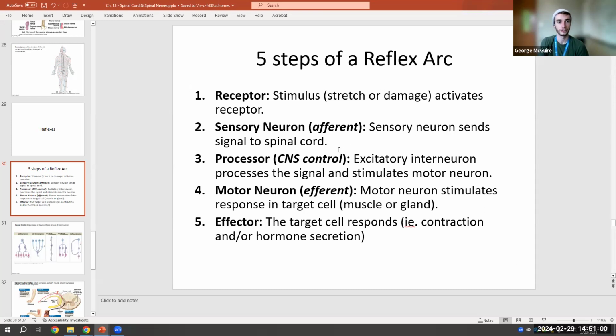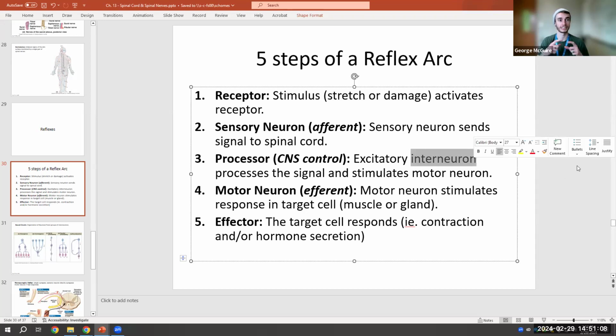In the spinal cord, there will be some control, some processor, which is going to be an interneuron. An interneuron is what connects the sensory neuron to the motor neuron in this reflex, inter meaning between. The sensation comes into the spinal cord, stimulates the interneuron, which sends that signal to the motor neuron, and the motor neuron tells the muscles what to do.